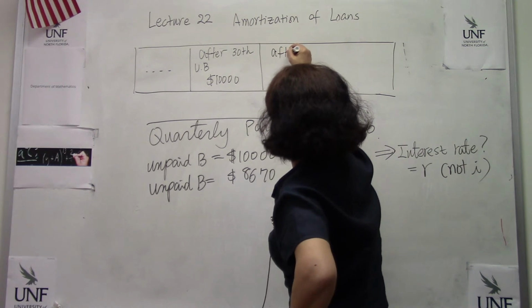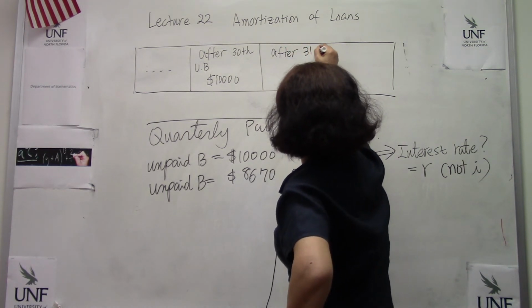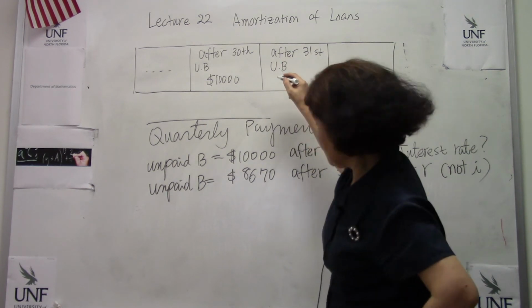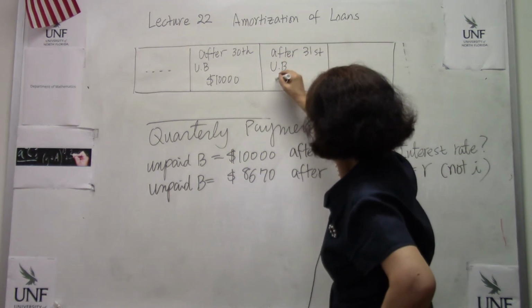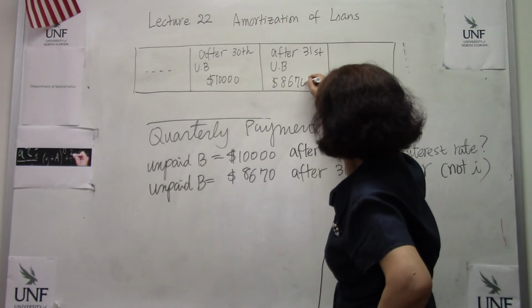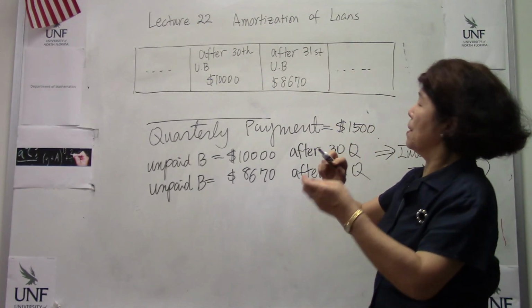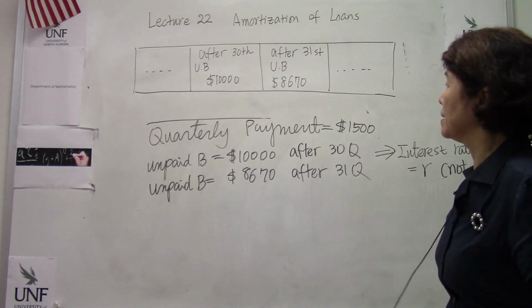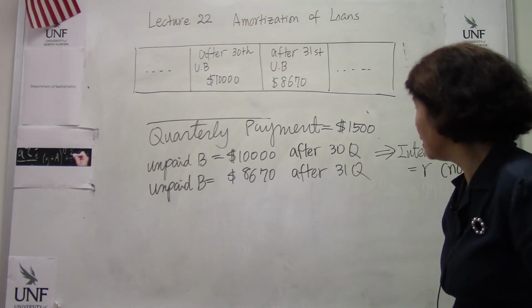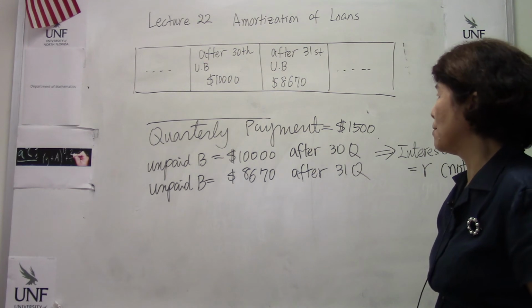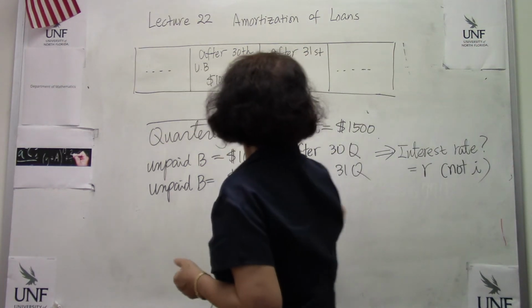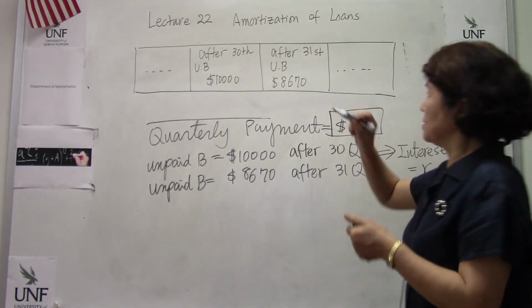After the 31st payment, okay, unpaid balance is $8,670, and then of course you are going to keep paying back until you pay off the whole debt. Okay, so from here, we don't know how much you borrowed. All you know is the quarterly payment is $1,500.